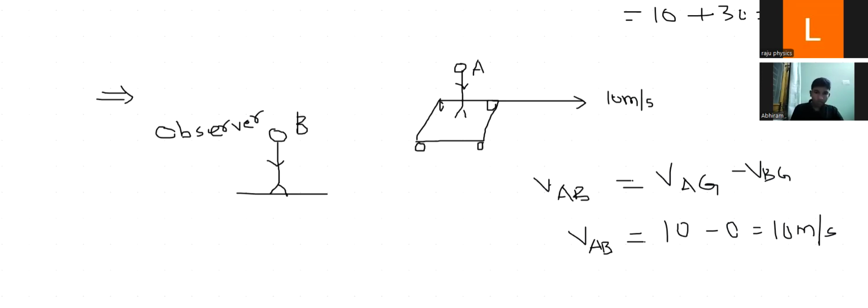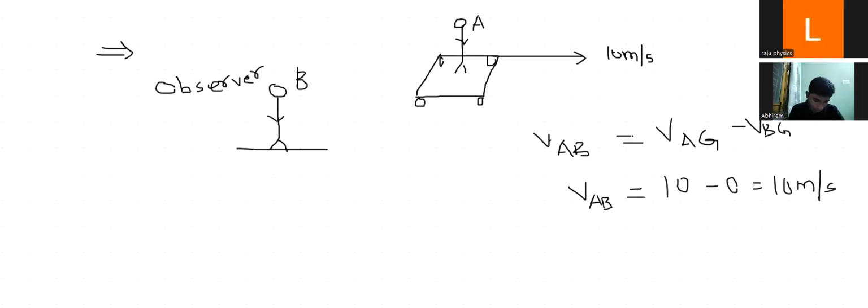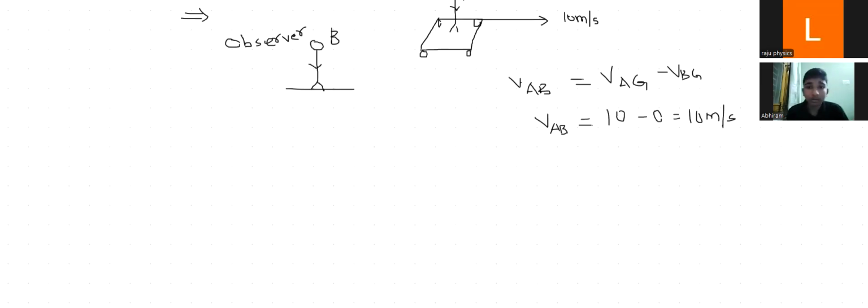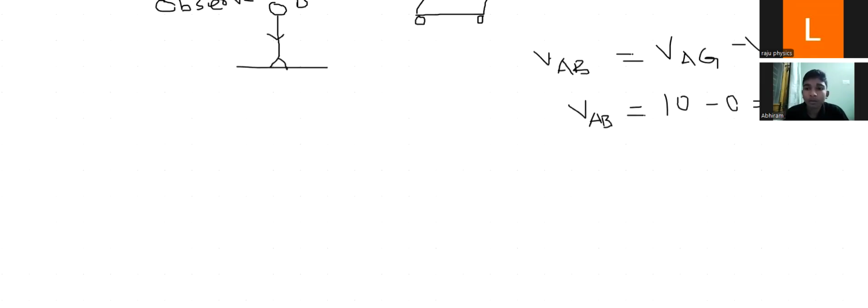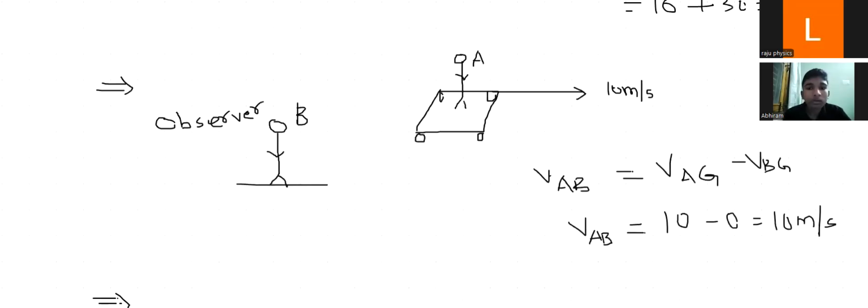Okay, copy it. So for example, in this trolley, now A and B are both standing on this same trolley.